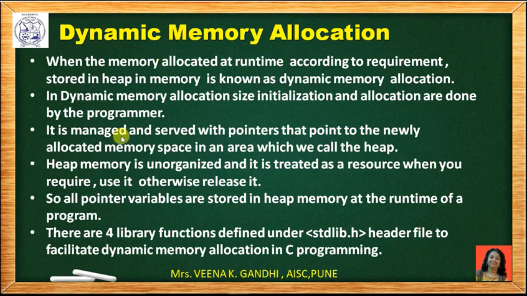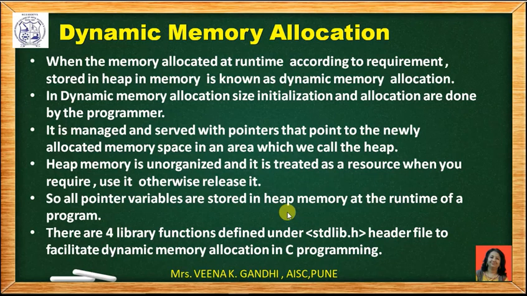Now this memory is managed and served with pointers that point to newly allocated memory space in an area which we call heap memory. Heap memory is unorganized and it is treated as a resource. When you require it, you use it, otherwise release it. So all the pointer variables are stored in heap memory at runtime of a program.